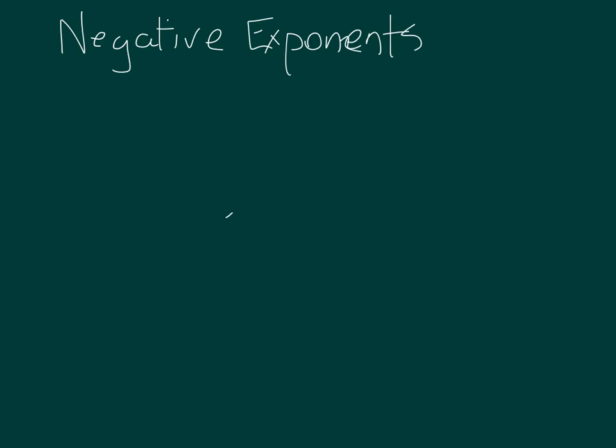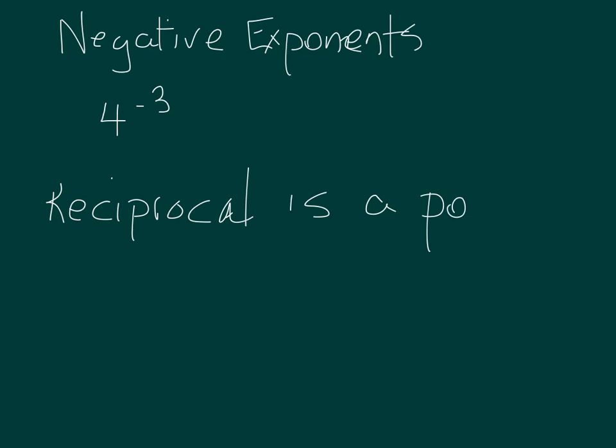The last one is negative exponents. Let's say we end up with 4 to the negative 3. Many times you're going to be told that you have to express your answer as a positive exponent. Well, how are we going to do that here? Because this is a negative exponent. It's very simple. Remember this rule. The reciprocal is a positive exponent.